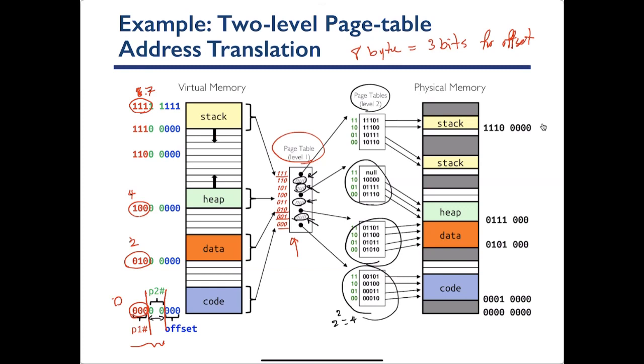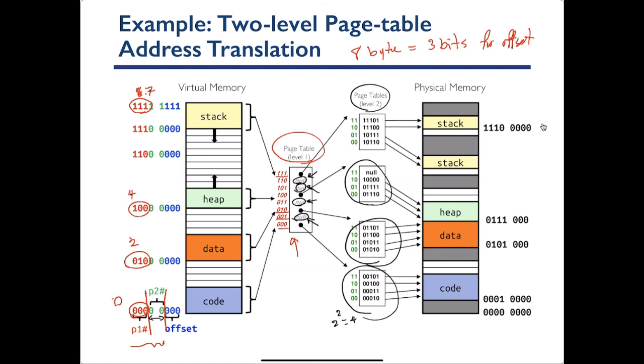And then add to that the permissions, the valid, invalid, and some other bookkeeping bits that you might need per page table entry. We actually will talk about page table entry in x86, so we'll talk about what kind of data is stored in each entry.